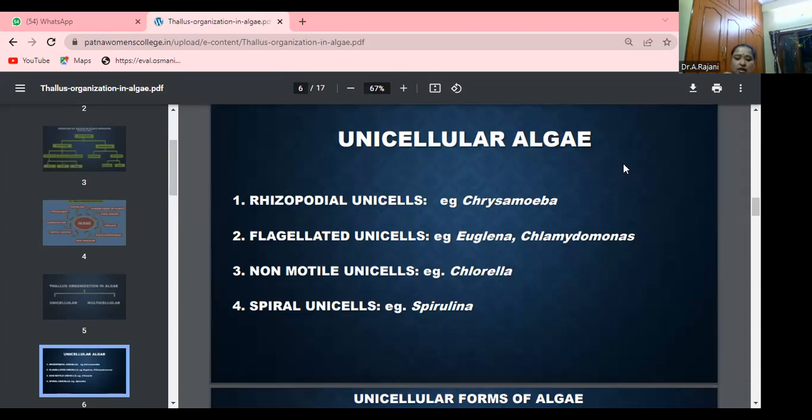In the unicellular forms there are two divisions: one is flagellated and the second is non-flagellated, that is, motile and non-motile. See here, rhizopodial unicellular is motile. Among these, both are motile and this one is non-motile. What is the motile form? Unicellular motile forms are found in all classes.